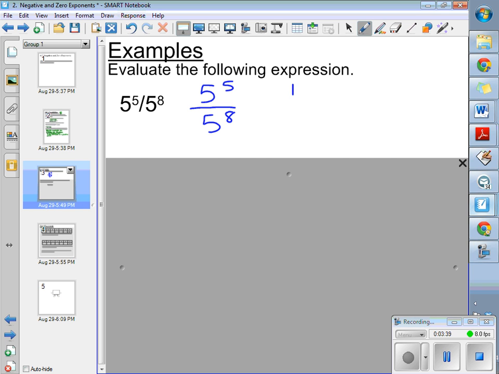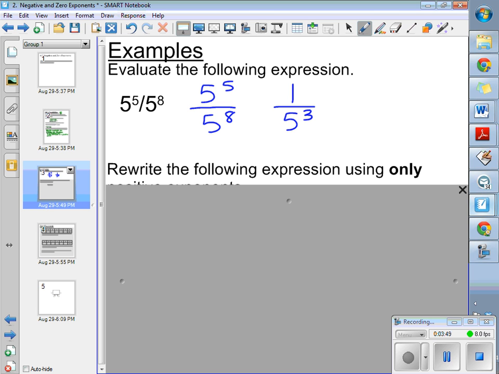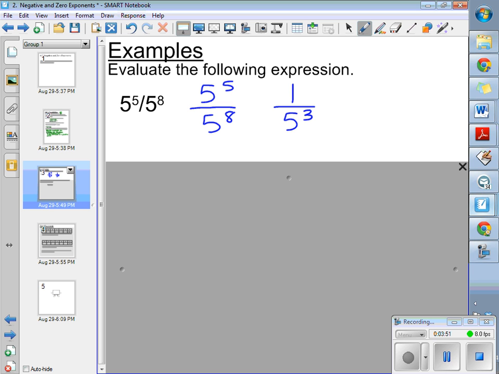So we now have 1 over 5 to the 3rd, right? If we are evaluating that, it doesn't say to write it as a product of powers, so I'm assuming I am supposed to take this all the way out to 1 over 125. Another way this could have been written would be 5 to the negative 3rd power.